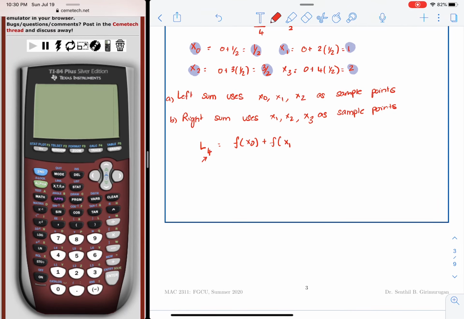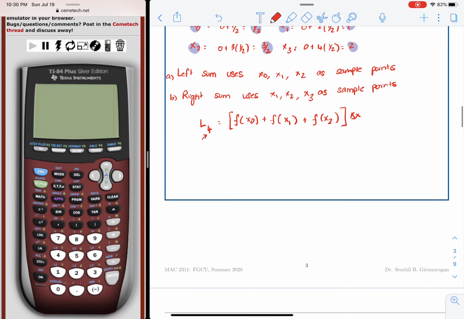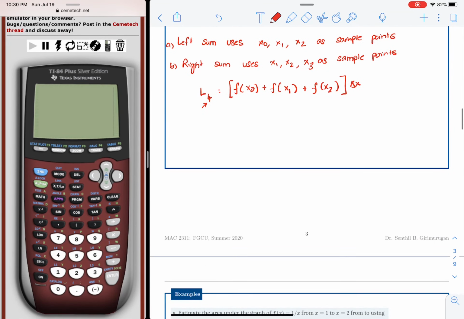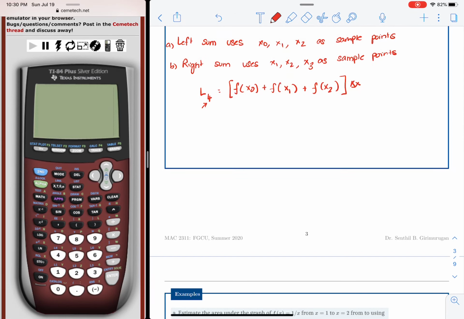So f of x0, f of x1, and f of x2 multiplied by delta x, because I multiplied by the width, which is 1/2, the one that I forgot to do at the very beginning. So that's how I would evaluate the left sum. The right sum in this case would be f of x1, f of x2, and f of x3 multiplied by delta x.